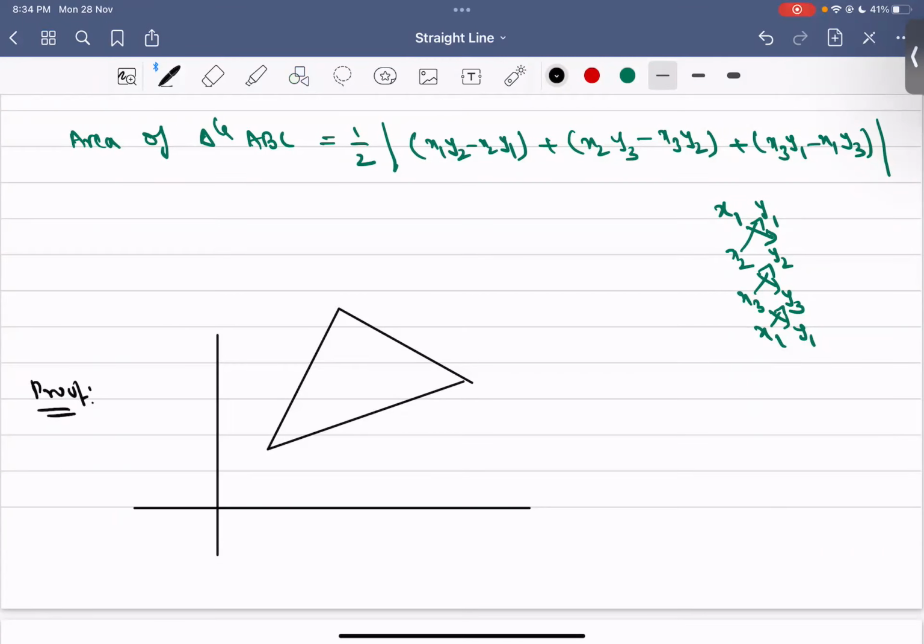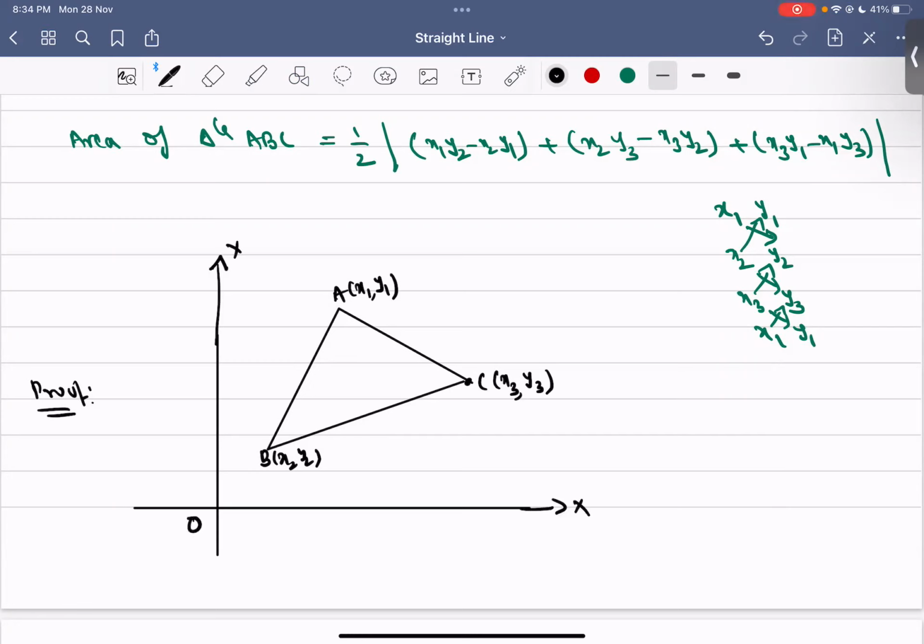So this is the triangle ABC. Here the vertices are A(x1, y1), B(x2, y2), and this one is C(x3, y3). So this is the y-axis and x-axis, and this is the origin.